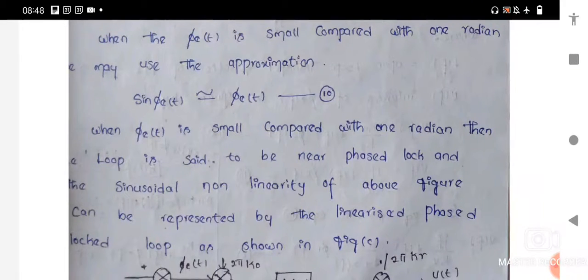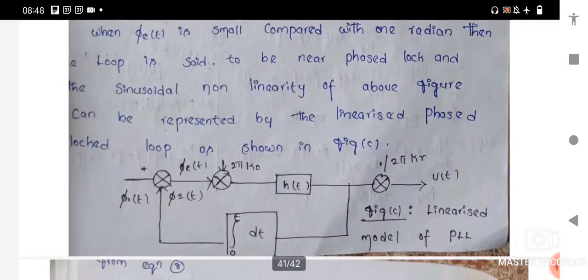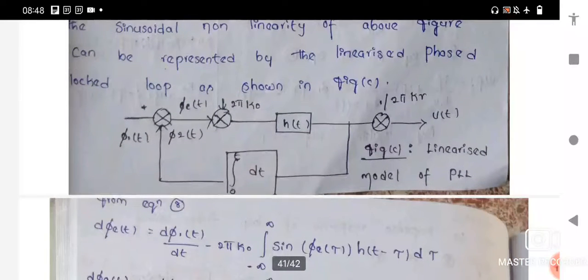The phi e of t is a very small value compared with 1 radian, so the loop is said to be near phase lock. The sinusoidal nonlinearity of the above figure can be represented by the linearized phase lock loop. The block diagram of this linearized model of PLL is represented like this.